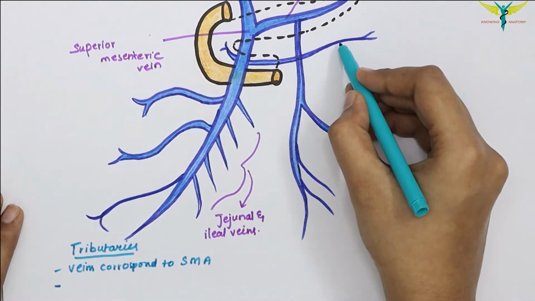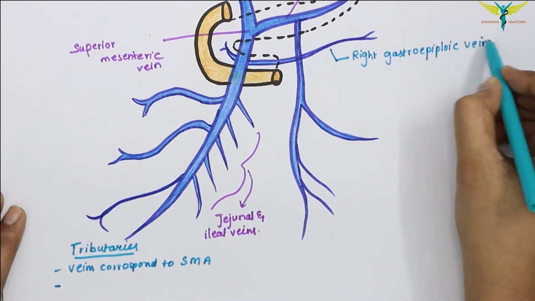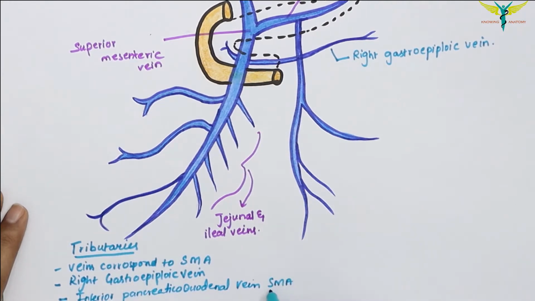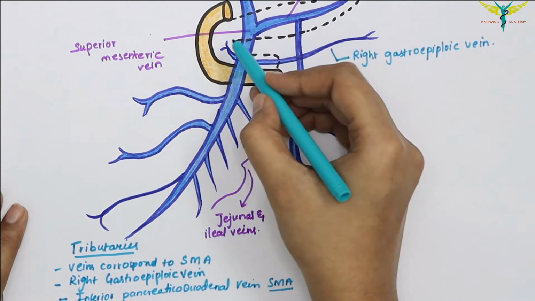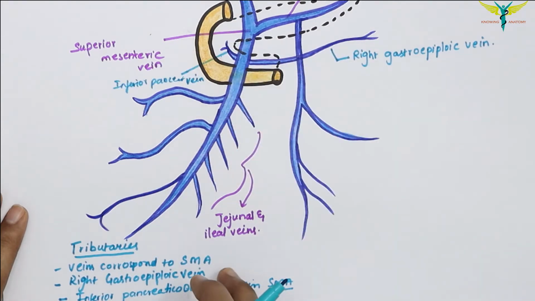The right gastroepiploic vein, as the name indicates, the gastroepiploic, the inferior pancreaticoduodenal vein that corresponds to the inferior pancreaticoduodenal artery, a branch of the superior mesenteric artery. So this is the inferior pancreaticoduodenal vein. These are the tributaries of the superior mesenteric vein.